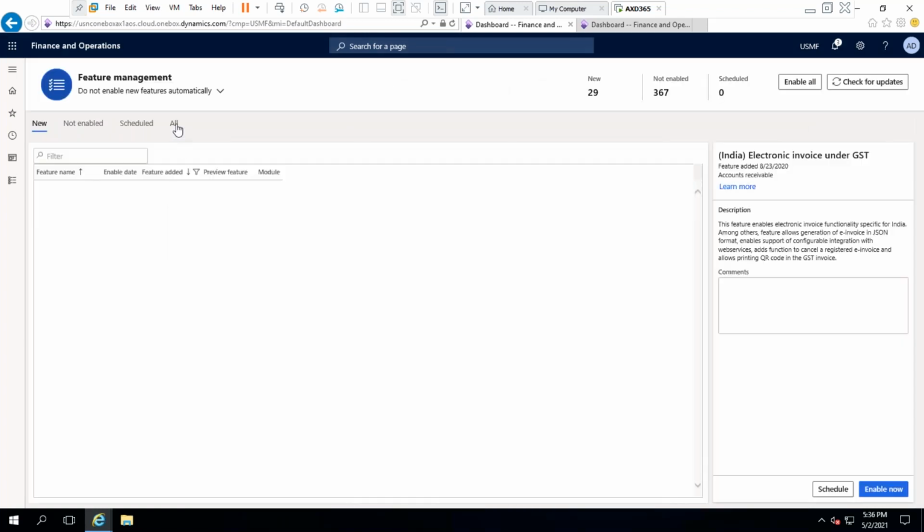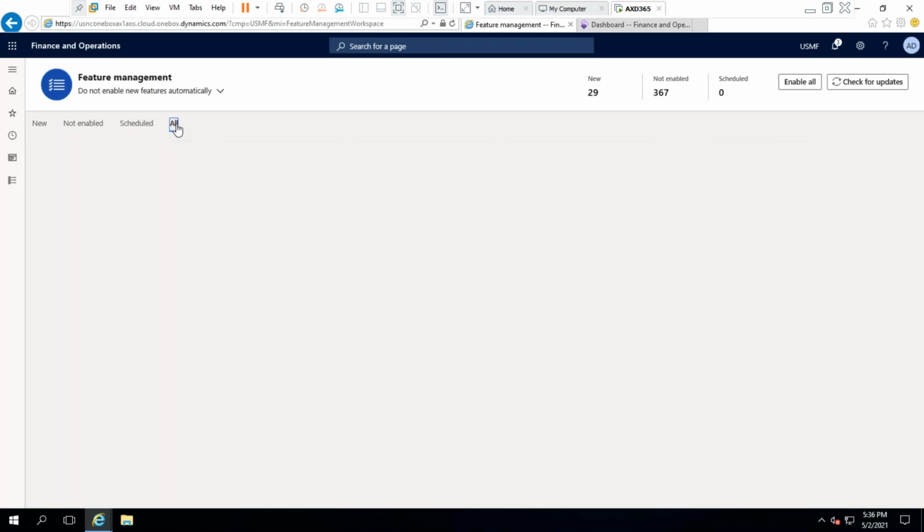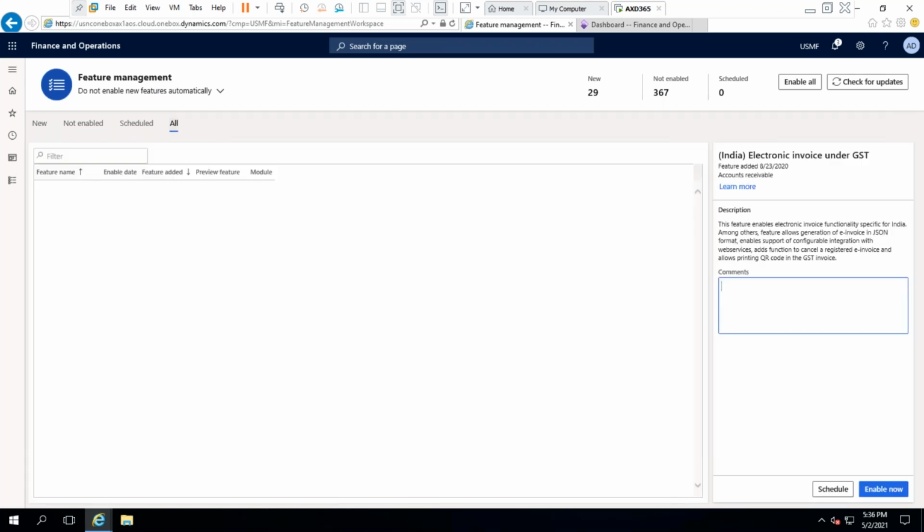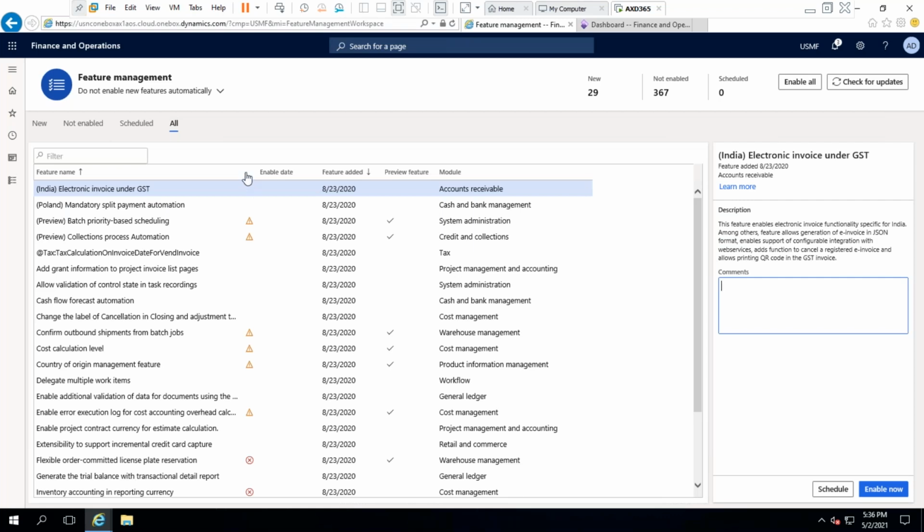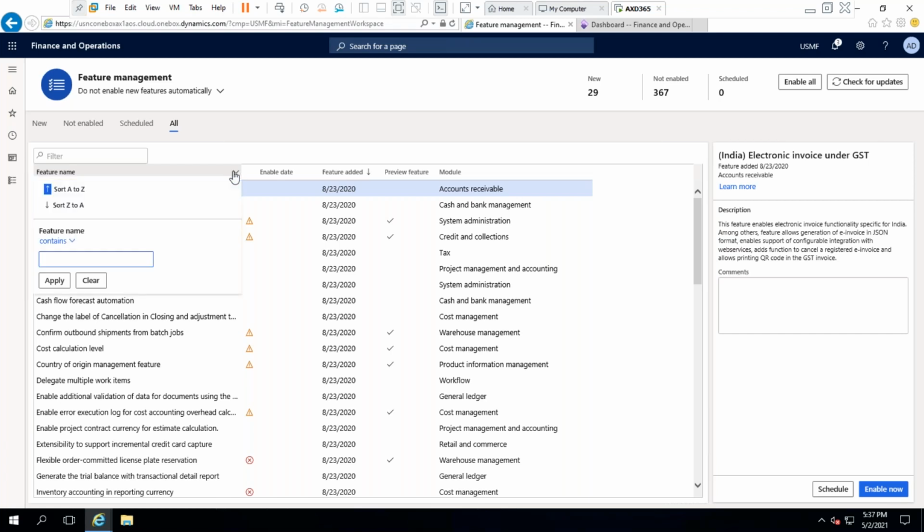In this you can click on all. So you can filter by credit.